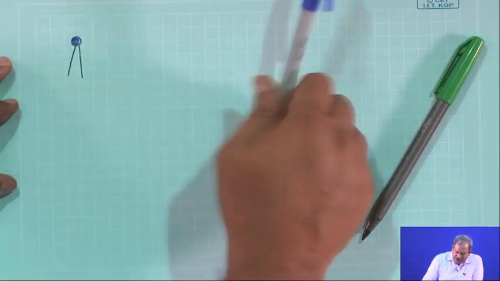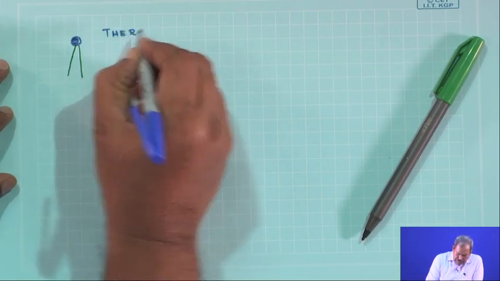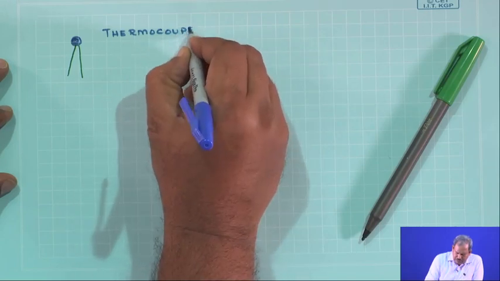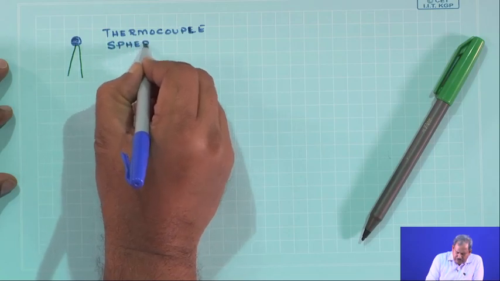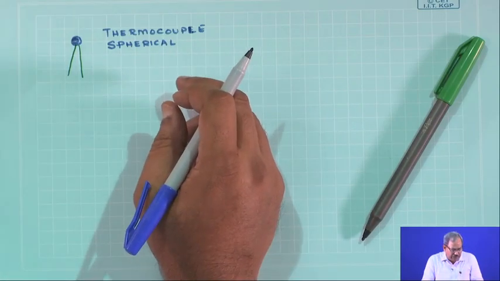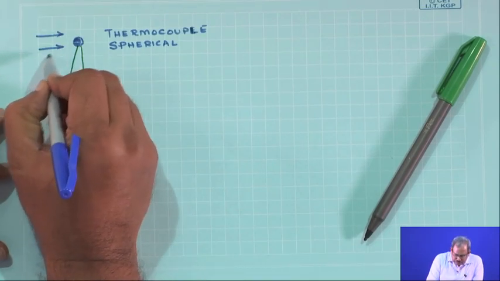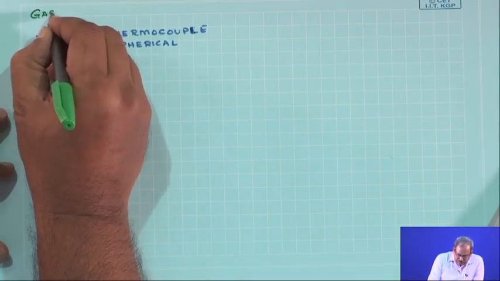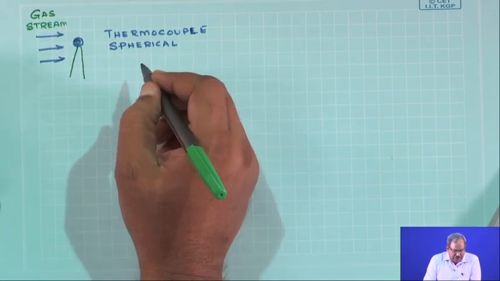Let us assume that it is spherical in shape, and this thermocouple is kept in a gas stream to measure the temperature.